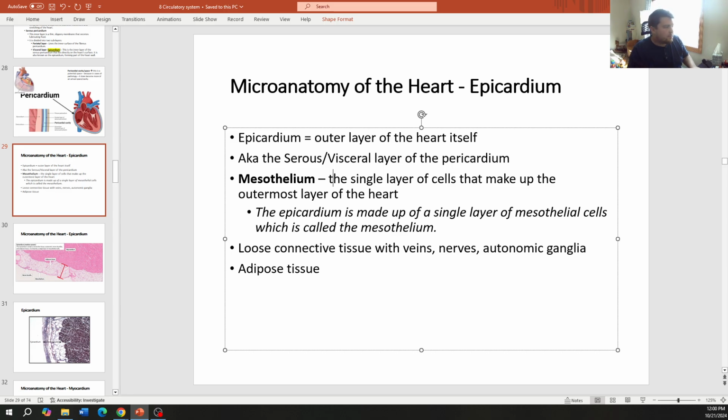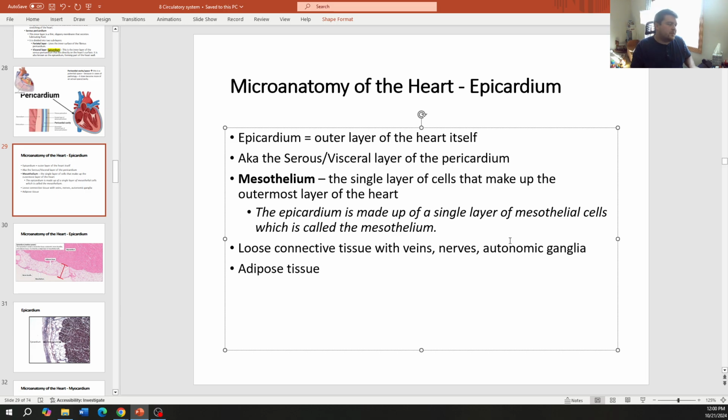The epicardium, this is where AKAs get a little bit blech. The epicardium is made up of a single layer of mesothelial cells, and so it is called the mesothelium. So the epicardium is made up of a single layer of mesothelial cells, which is called the mesothelium.